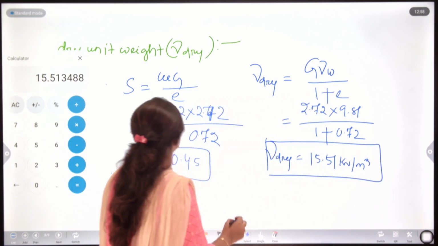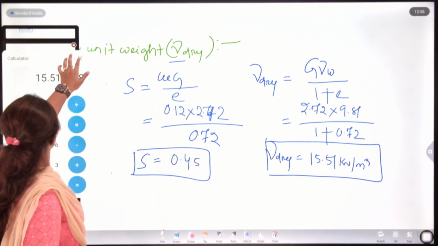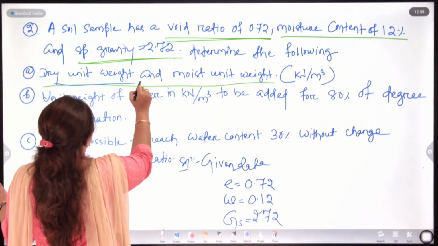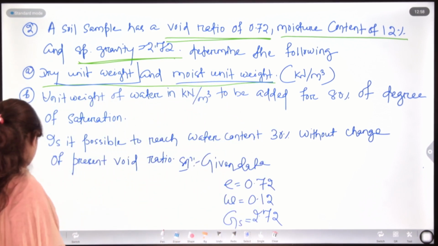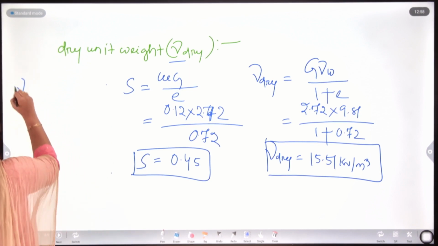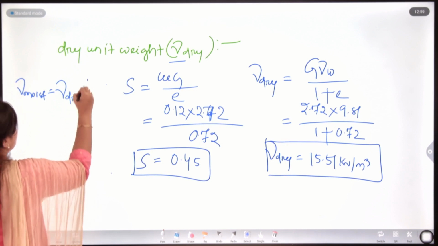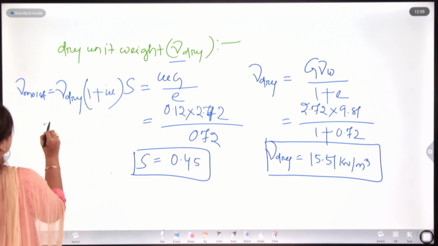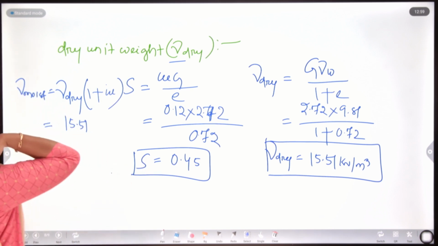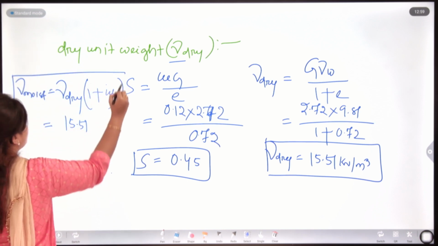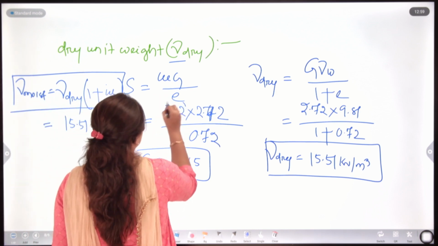So, the question asked is also about gamma moist. We have found out the dry unit weight. Next is our moist unit weight. So gamma moist will be gamma dry into 1 plus moisture content. This is the formula for gamma moist. 1 plus w is our 0.12.